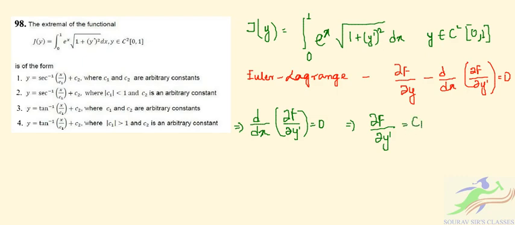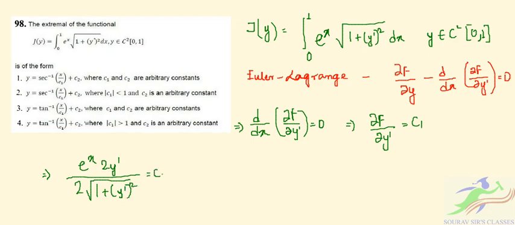Now del f del y prime is e to the power x, 2y prime by 2 into 1 plus y prime square.